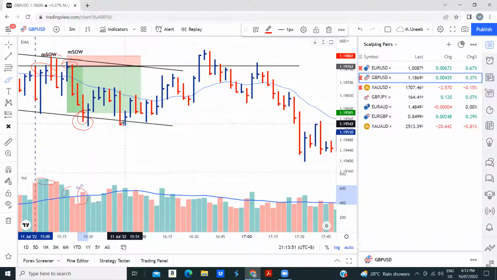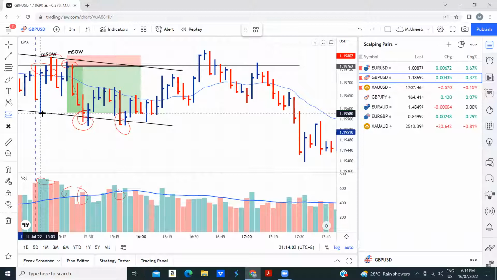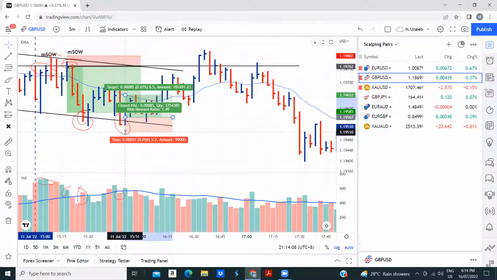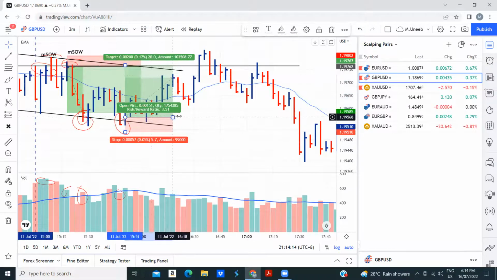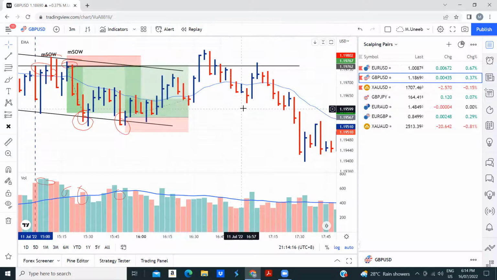So we can take another trade, a long trade, but remember that since we are against the bias, we will not hold the trade for long. Place a stop loss just below the last low, and then extend it right over here. Can we or can we not? Can.